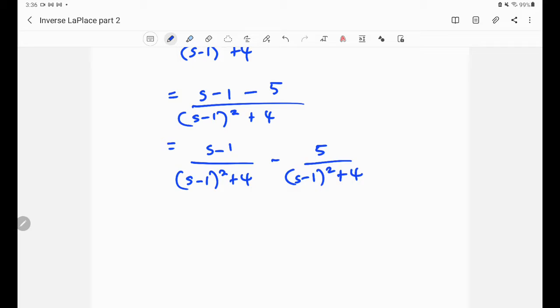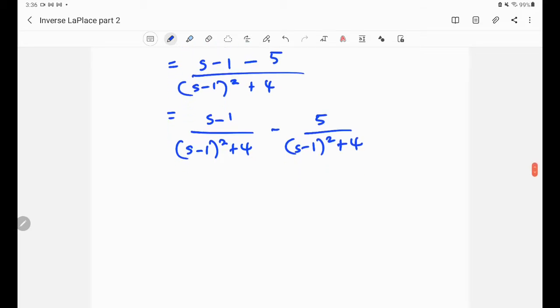Okay, and over here you can see that the one on the left looks like it should be able to be inverted using the cos omega t function with the first shift theorem, and on the right side it seems like you can change the numerator and then use the inverse Laplace of the sine omega t with the first shift theorem.